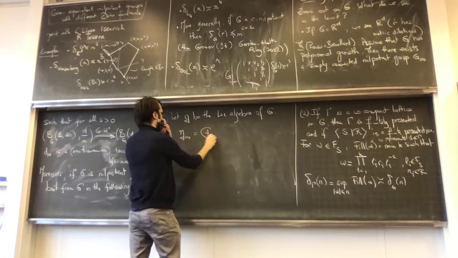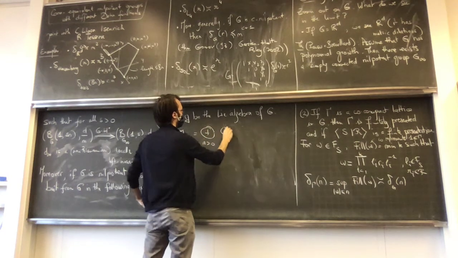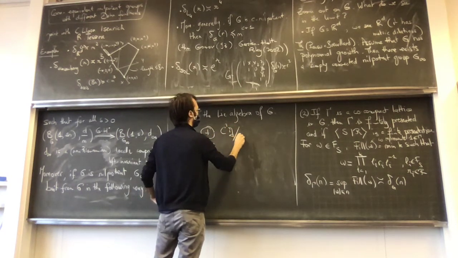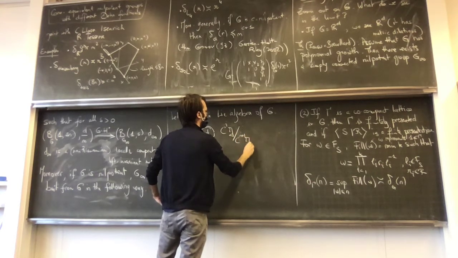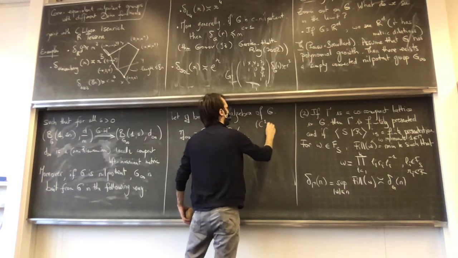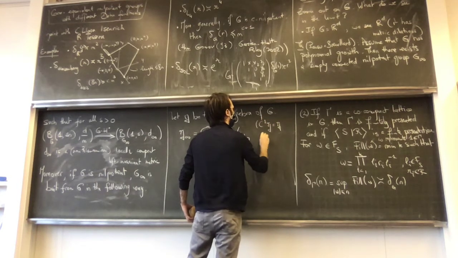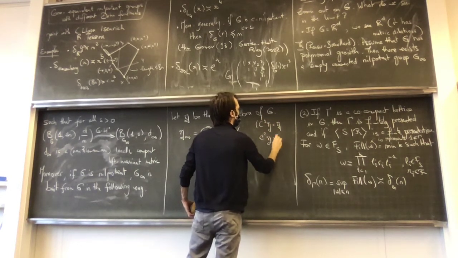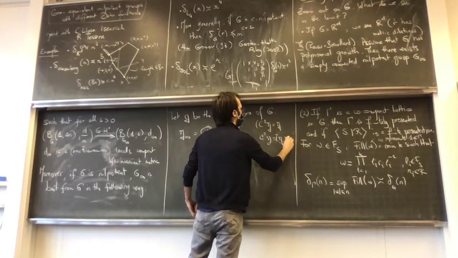This is the direct sum over i greater than 0 of the quotients of the derived central series. So for me, C1G is G, C2G is [G,G], etc.